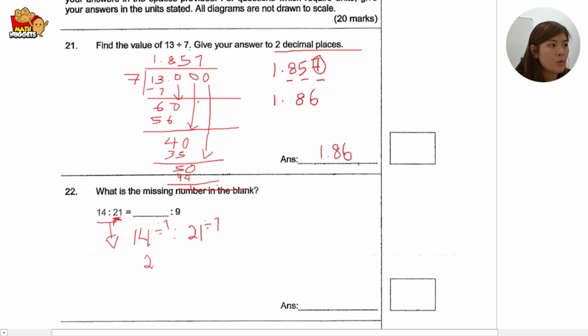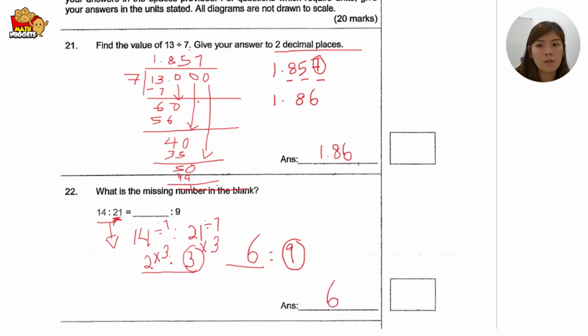You will get 2 to 3. Then you compare 2 to 3 with something to 9. How do we convert this 3 to 9? We multiply by 3. If here we multiply by 3, here we also multiply by 3. So 3 times 3 is 9, and 2 times 3 will be 6. Therefore your answer will be 6.